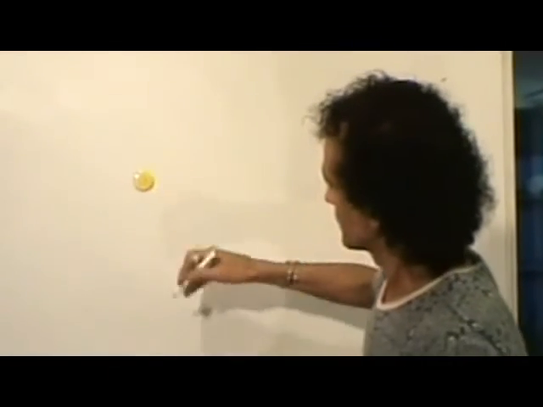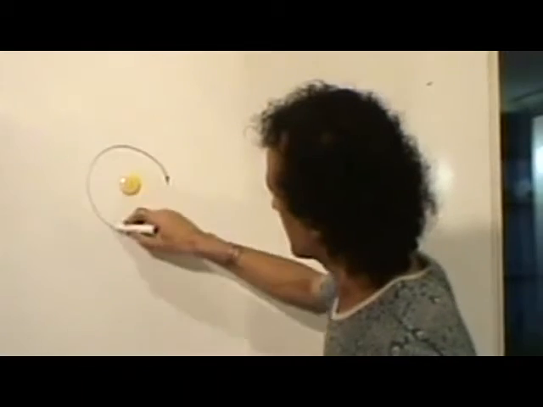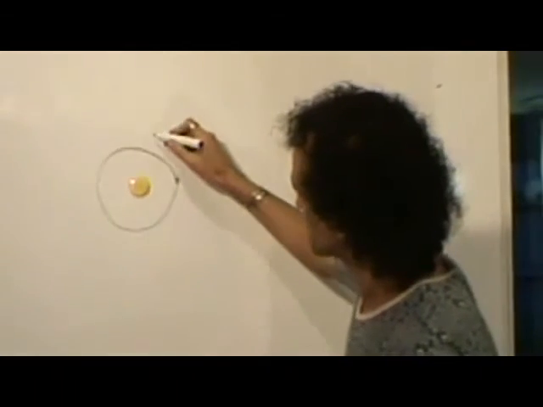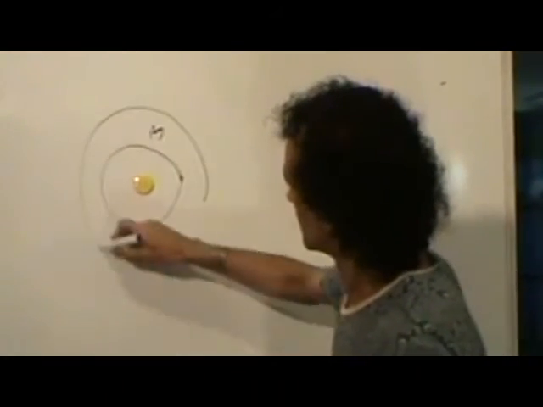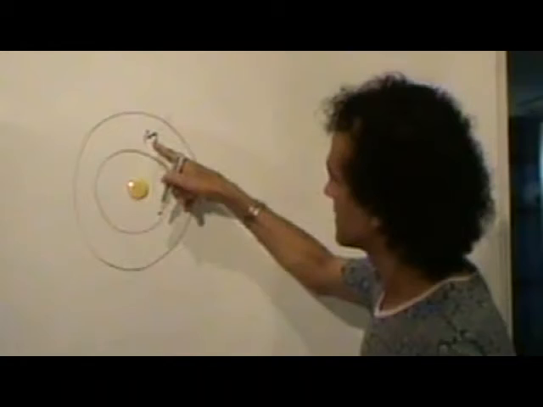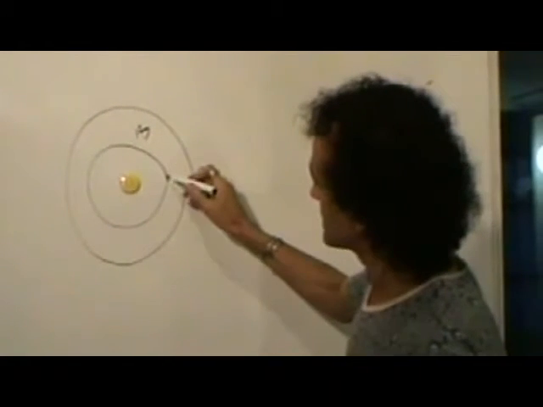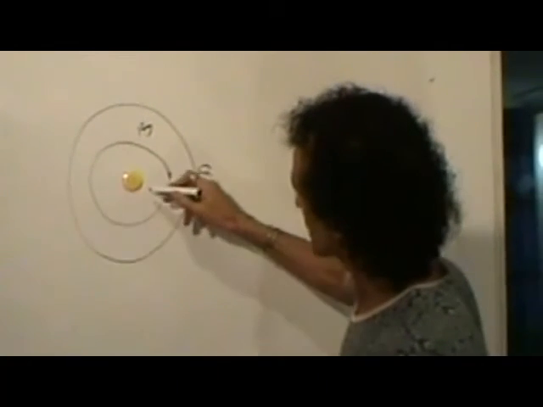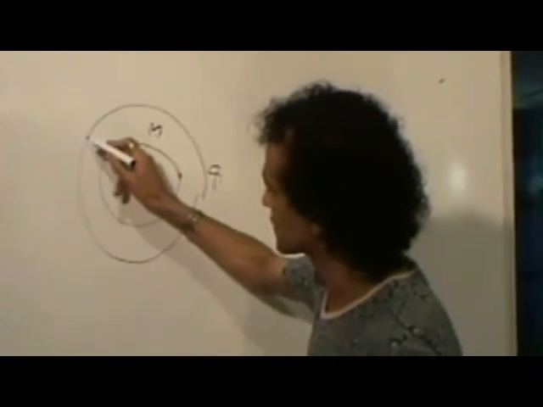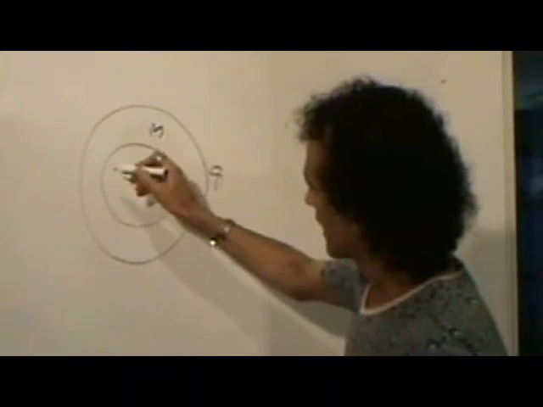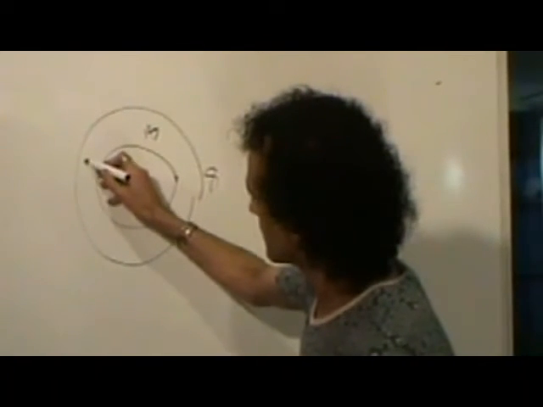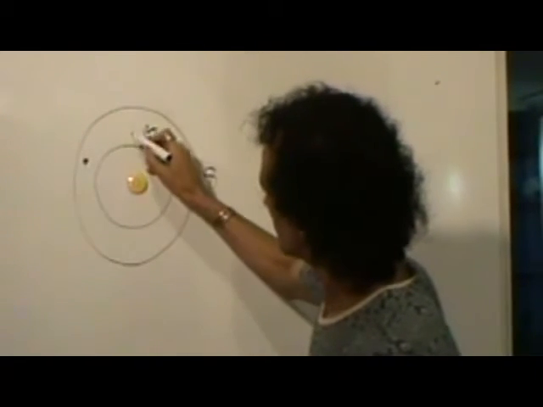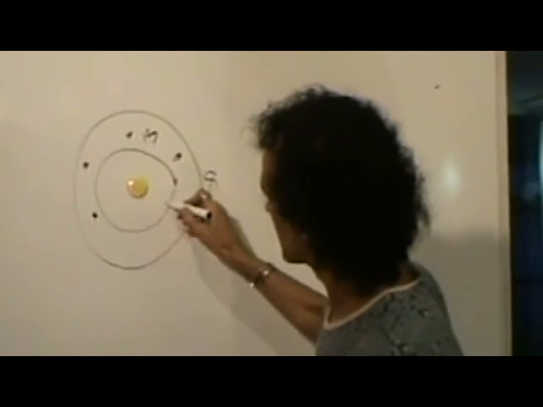There's the Sun, there's Venus. Venus goes around 13 times to our 8 times, and as it races around 13 times, and our planet goes around slowly, there are certain nodal points which they join up.